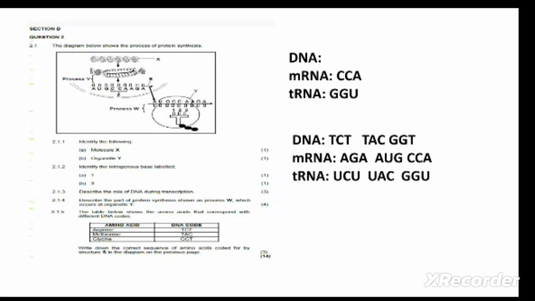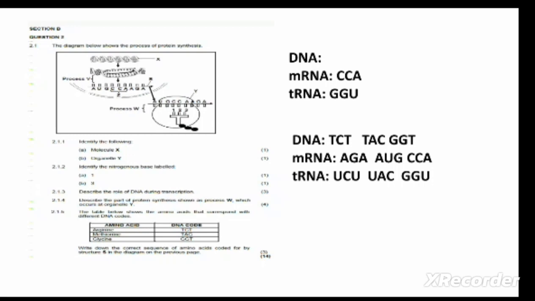You go to the sequence again: DNA, under DNA mRNA, and under mRNA tRNA. You write for mRNA because that's what you're given: C, C, A. Going down, C pairs with G, C pairs with G, A pairs with U. So your 1 there is G, which is guanine, and your 3 there is U, which is uracil.